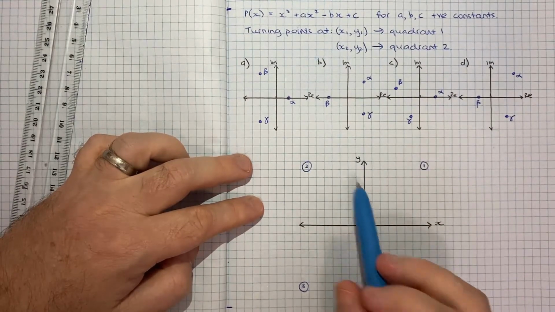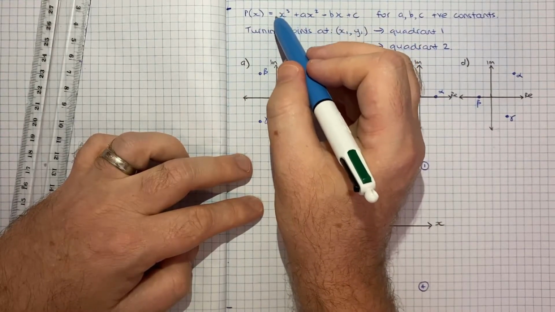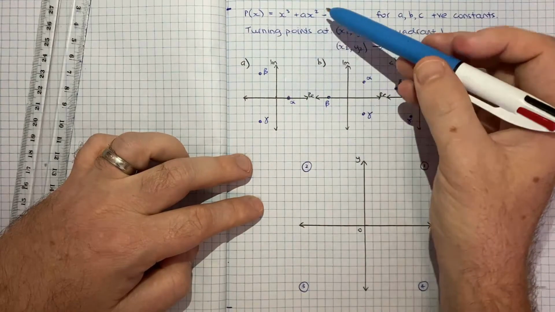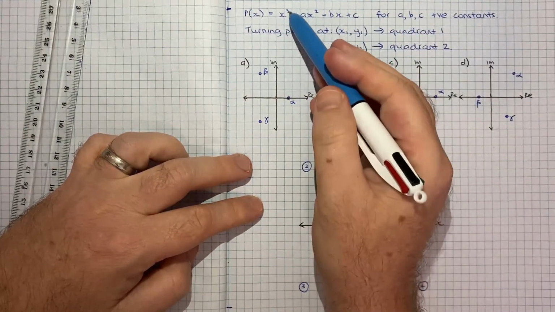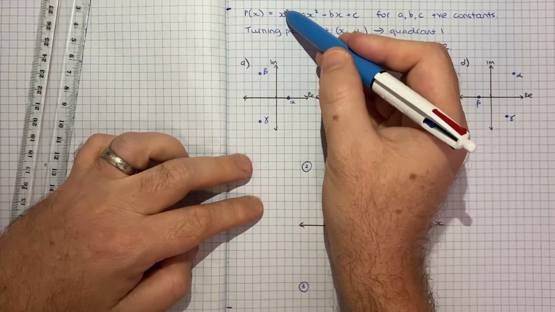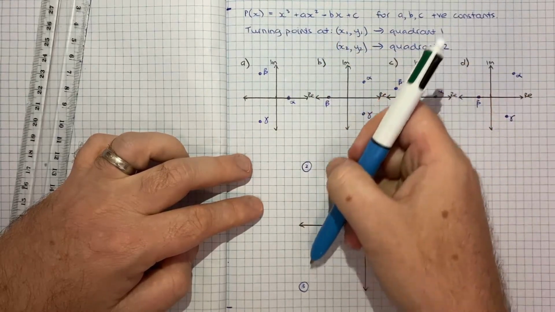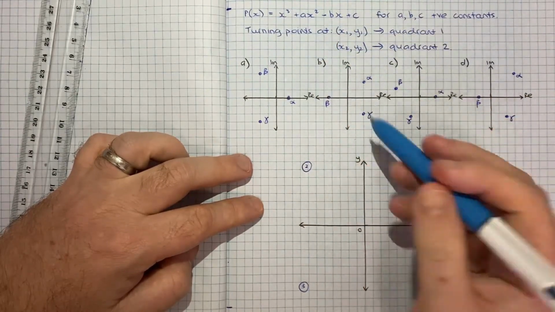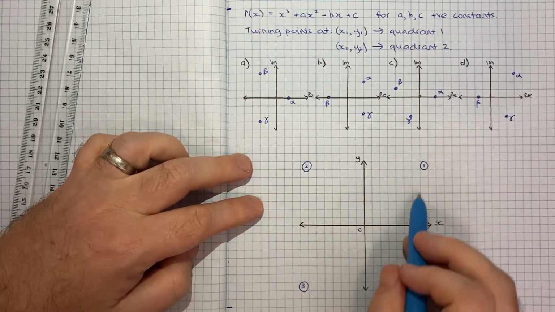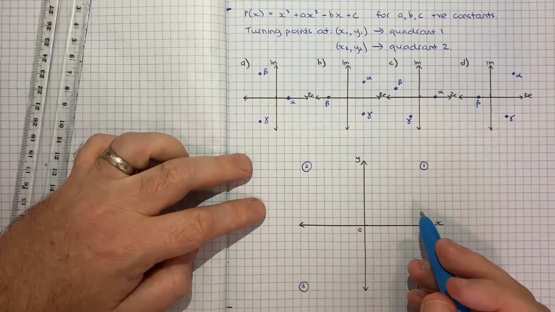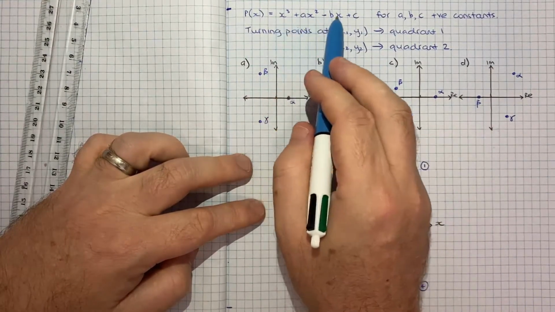The other thing we can know about this cubic is because there's a 1 in front of the x cubed, we can call it monic. Basically, we know that as x goes to negative infinity, the power of 3 will maintain that negative, so the polynomial will go to negative infinity, and conversely, as x goes to positive infinity, the cubic will go to positive infinity. So I know that when x is 0, we're going to have c.